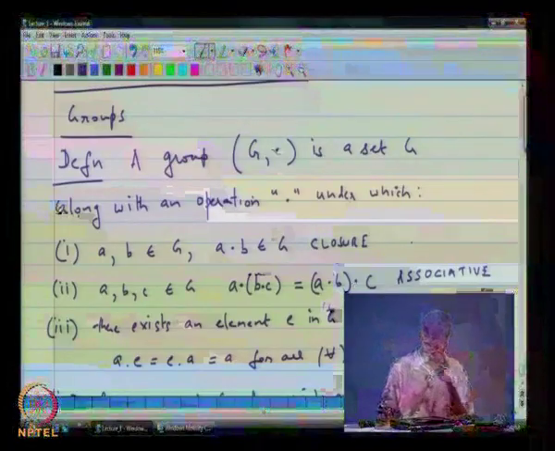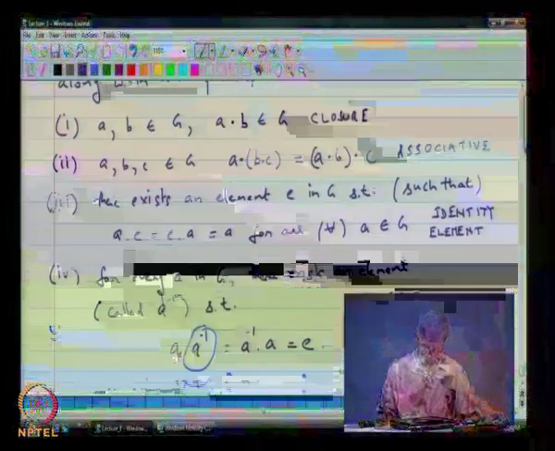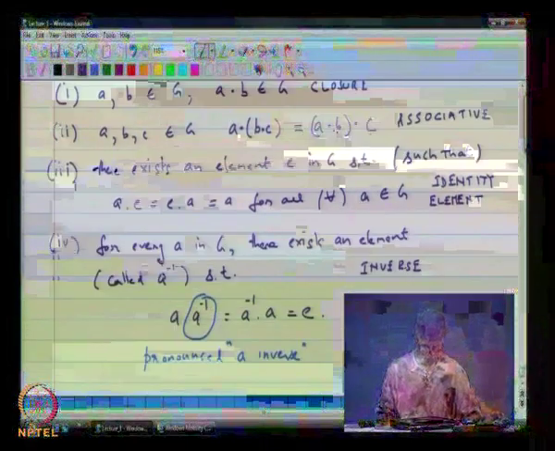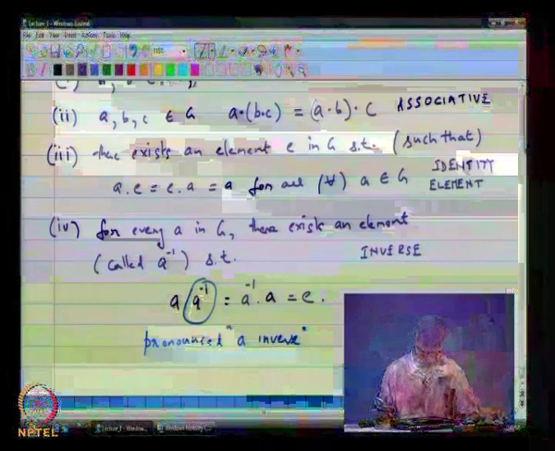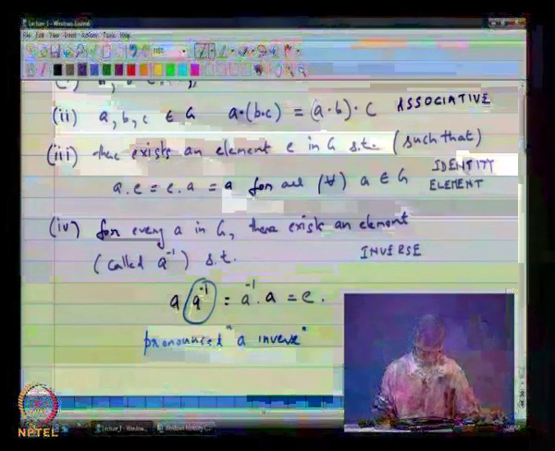Now, these four axioms collectively make up a group. Now, often the groups that we will deal with will be abelian groups.